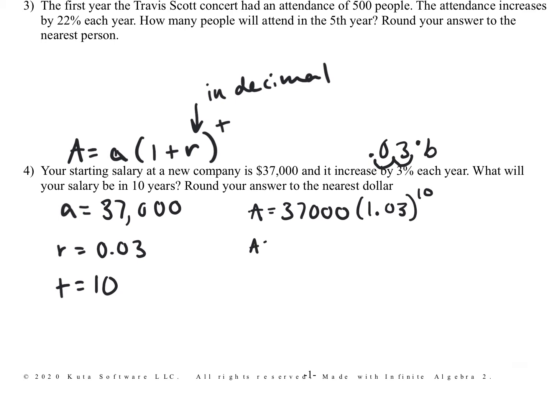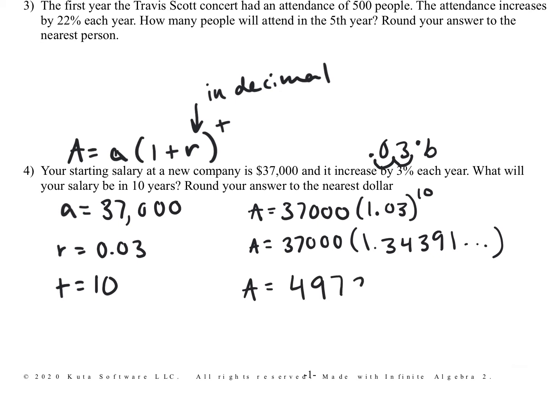So we get A is equal to 37,000 times 1.34391. So we're going to keep that in our calculator and multiply it by 37,000. So our answer is going to be 49,724. It says round your answer to the nearest dollar, so that would be a whole number, but it's 4.9, so we could round to 25.